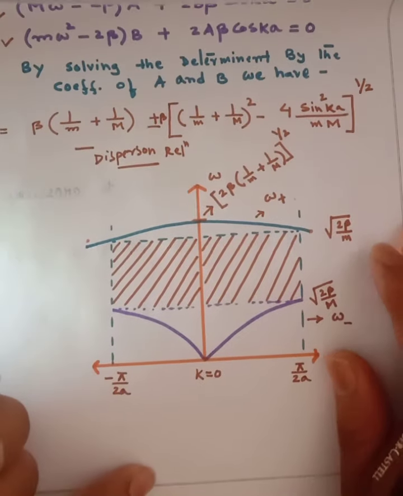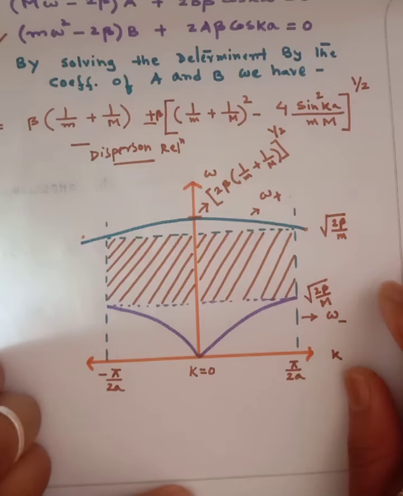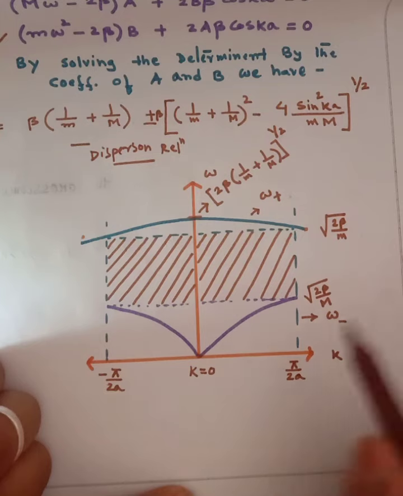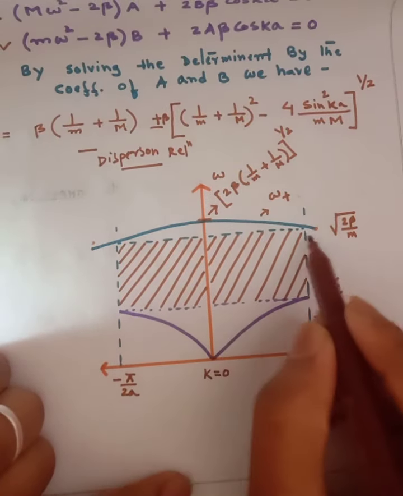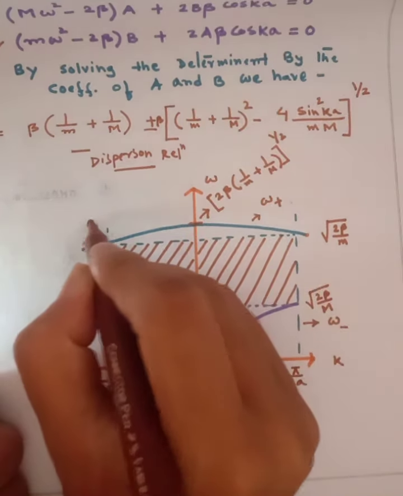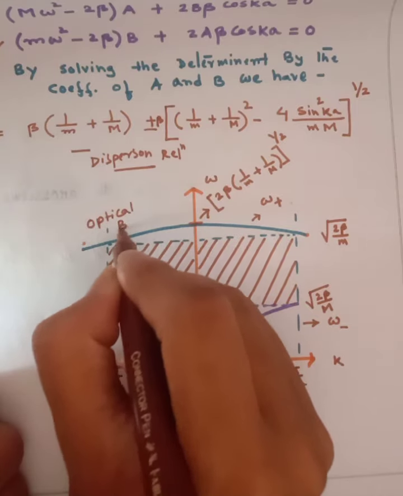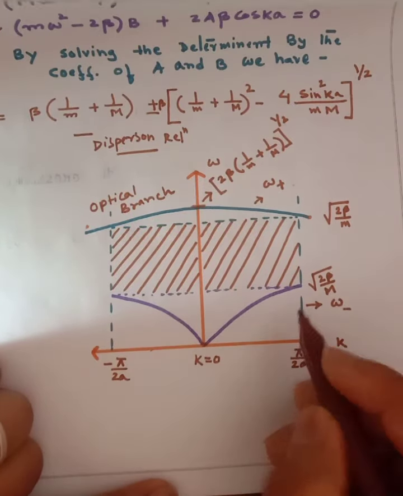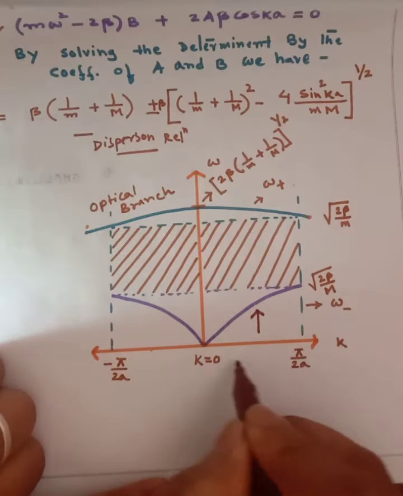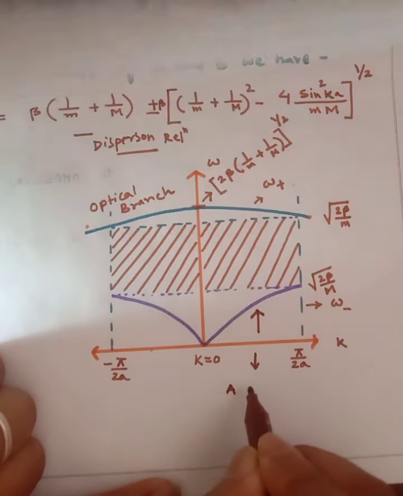If we plot the above dispersion relation, taking omega along the y-axis and k along the x-axis, we find that we get two branches. The branch which I made with the blue line is called the optical branch, and the branch which I made with the violet line is called the acoustical branch.